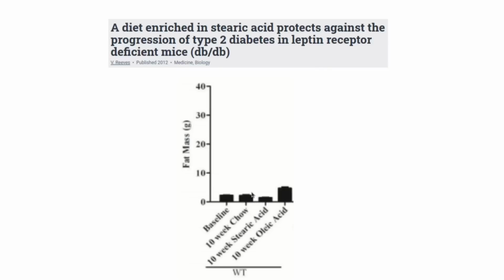And they fed them either oleic acid, which would produce OEA, or they fed them stearic acid, which may, we're not sure if consuming dietary stearic acid actually produces a surge in SEA. My thought is that it probably does. But that's not actually something that, to my knowledge, is known. But anyway, the mice who were fed the stearic acid stayed really lean, especially compared to the ones who were fed olive oil and got fat.